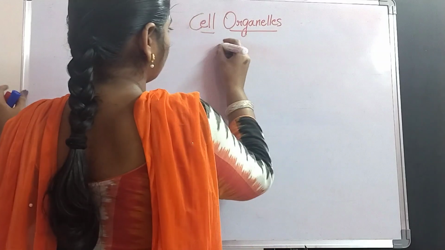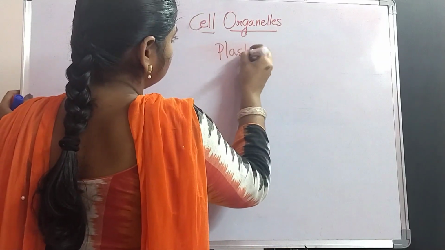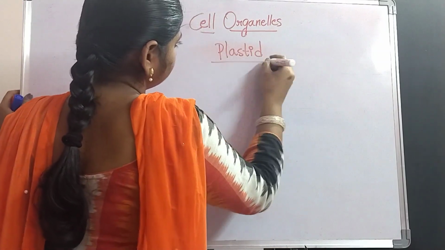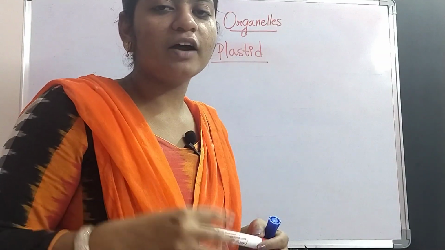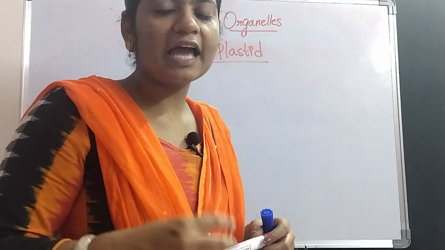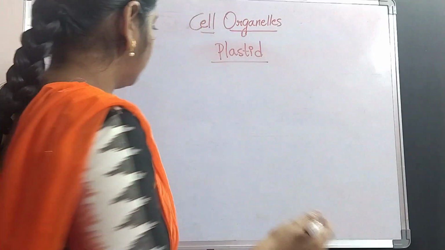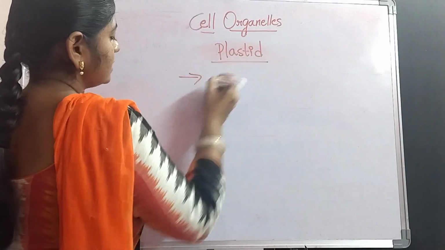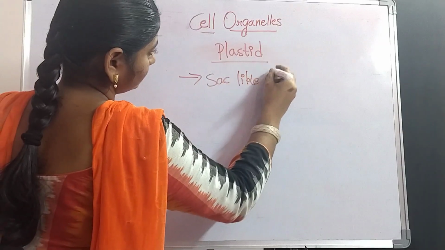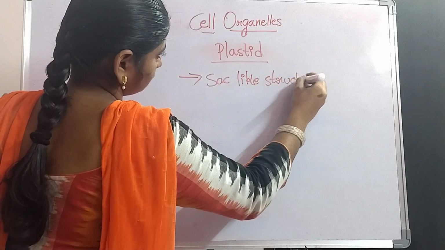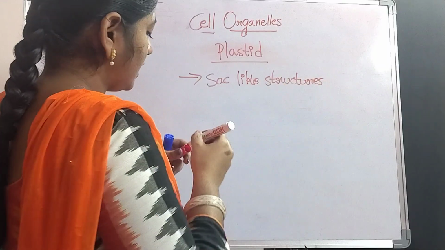And now we are going to discuss another cell organelle which is present in the eukaryotic cell, that is the plastid. The plastids are sac-like structures which are observed in plant cells and also in euglenoids. Where are these plastids present?